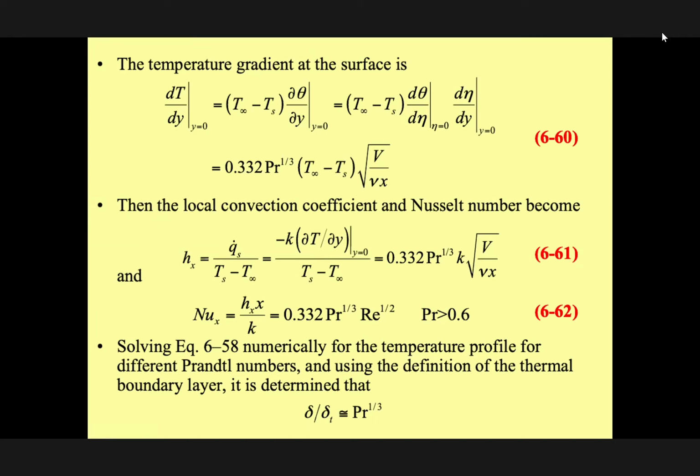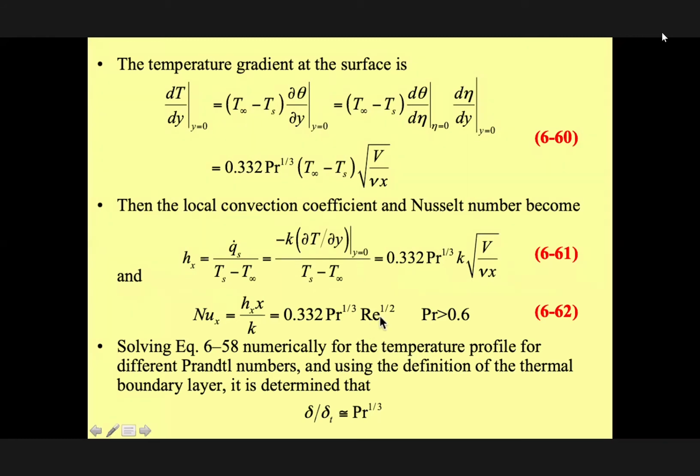Now you have an expression so that for any scenario where you have heat flow over a plate, you can calculate the Nusselt number. But there are two conditions. This expression can be applied for the case where the Prandtl number is more than 0.6. And we also made one assumption: we assume the flow is laminar.